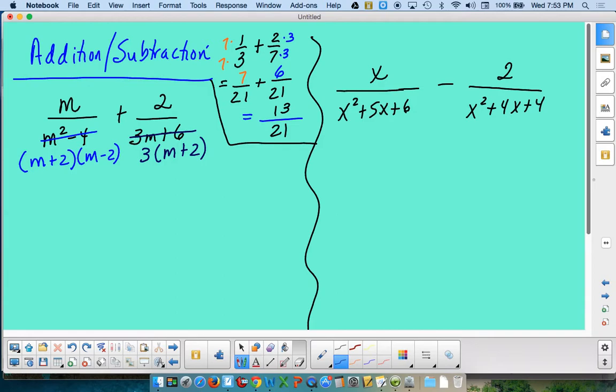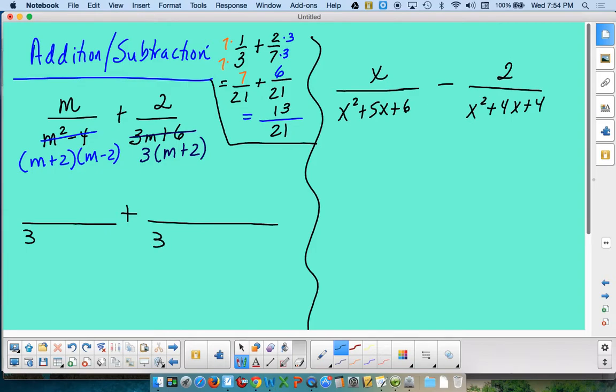Now I'm going to decide on what is my common denominator, and I'm going to make both fractions have that common denominator. Starting with numbers, coefficients in front, the one fraction has a 3. So since it has a 3, there has to be a 3 in my common denominator.